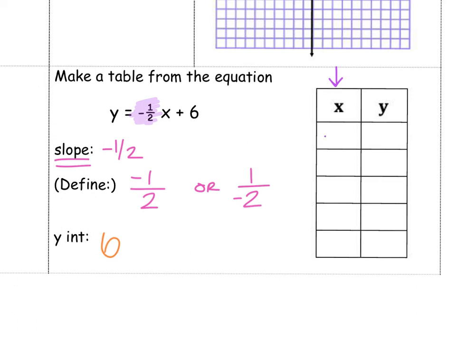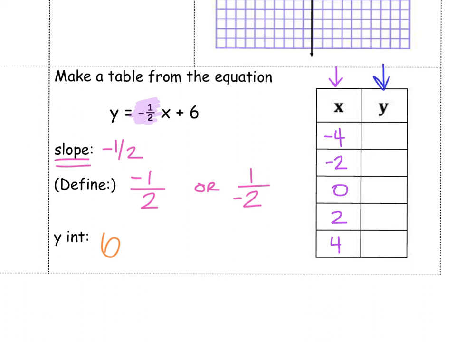So maybe I'm going to choose -4, -2, 0, 2, and 4. I always like to choose some negatives, some positives, and always pick 0 because it's easy. But by choosing those numbers, I'm going to eliminate a lot of the fractions in the math that I do.